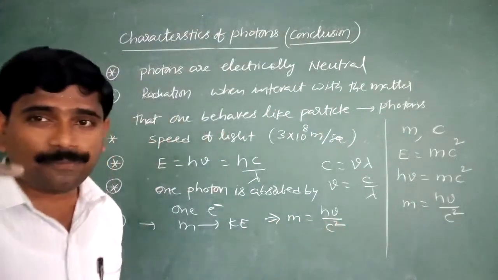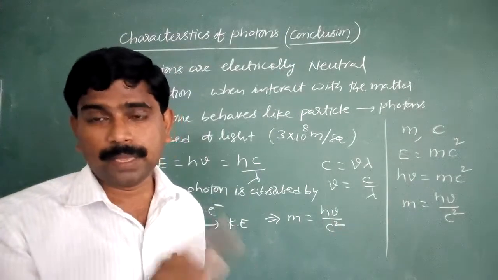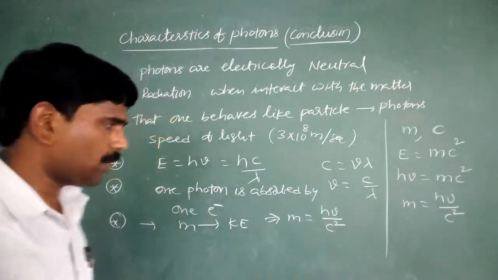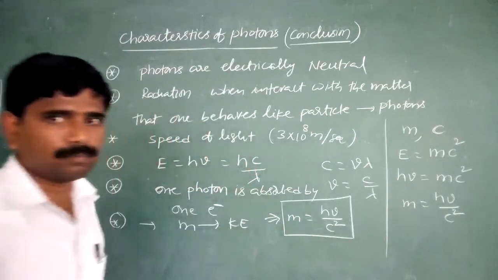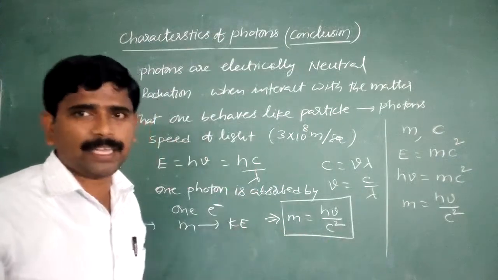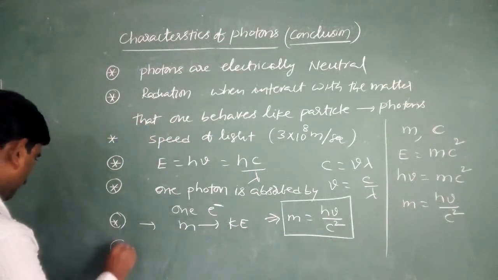So mass of the photon is h nu by c square. Mass of the photon exists when the photons are in motion. Rest mass of the photon is equal to 0. Mass of the photon exists due to its energy only.